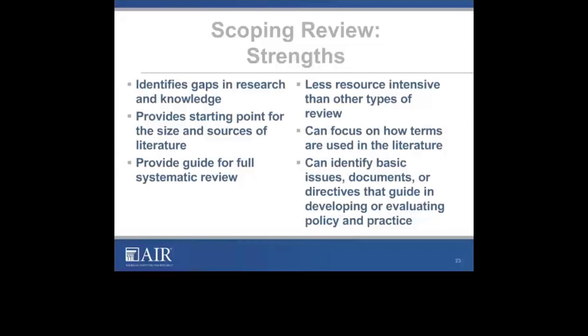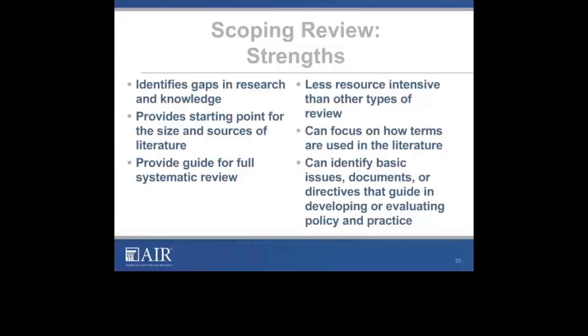Identifying documents. One of the issues in a review in general is what are the guidelines, what are the parameters for information on a topic.